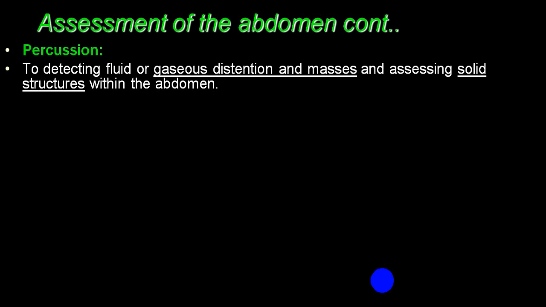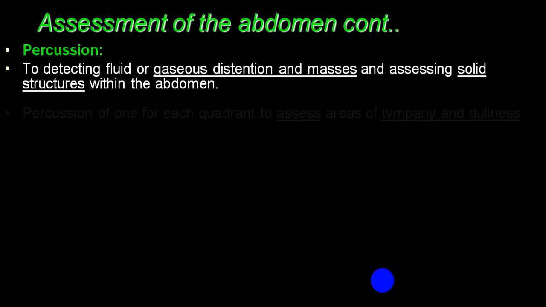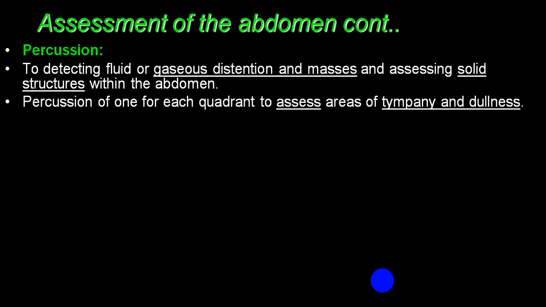So for detection of a gaseous distension, fluid, mass, or a solid structure, we know that you have to percuss in all different quadrants. You should be aware of anatomy. You should always percuss from resonant area to a dull area.